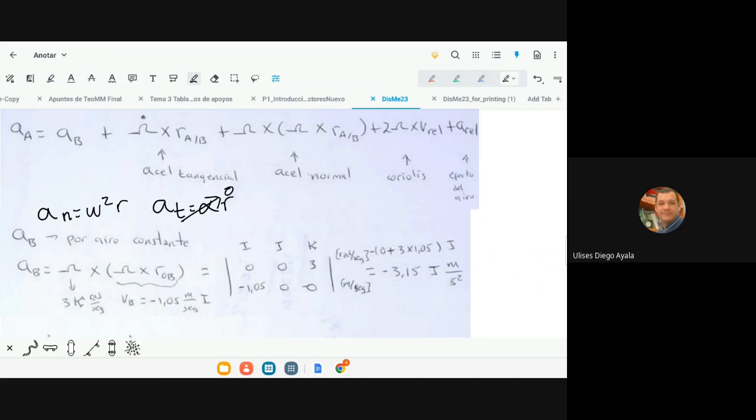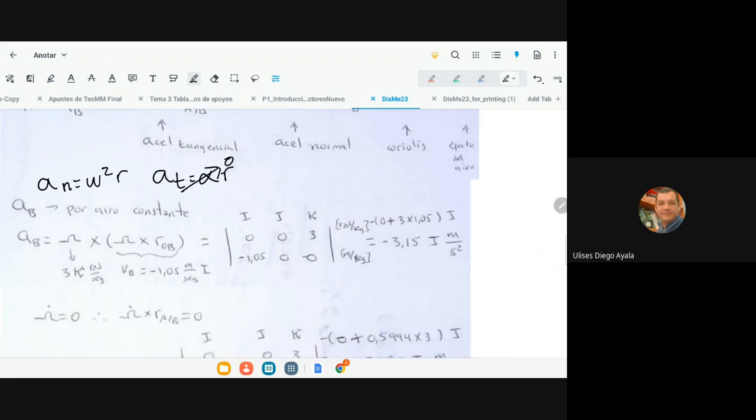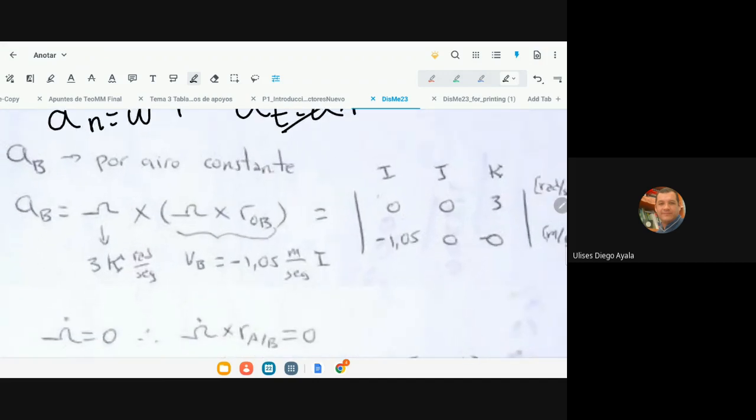And the normal is the square of the angular velocity times the radius. And this is the same. That's why you have only the normal. And you do the same again. Which axle are you using?